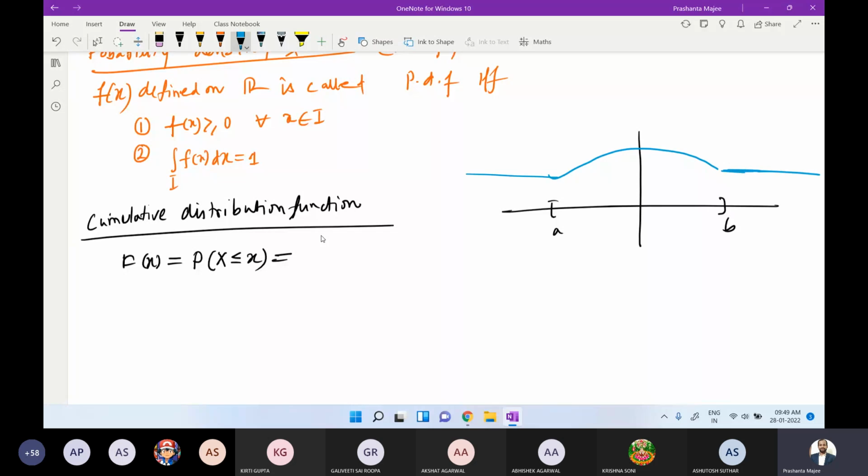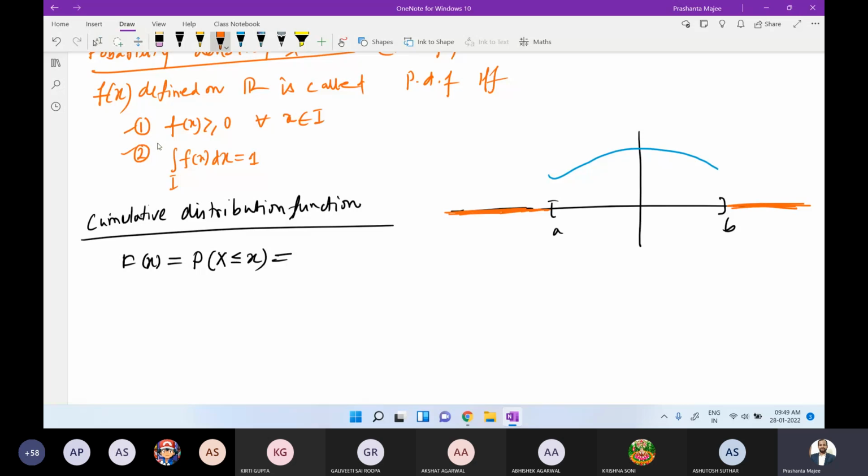So in a certain interval it will be a curve, and in the remaining part it will be 0, such that the total area bounded by that curve is 1. It has to be 1, otherwise it will not be a probability density function. These are the two conditions that have to be satisfied.